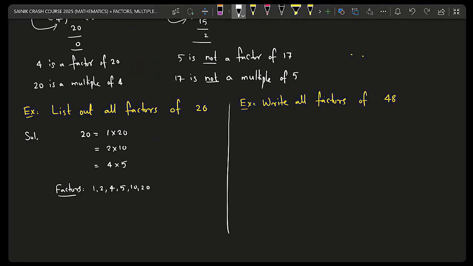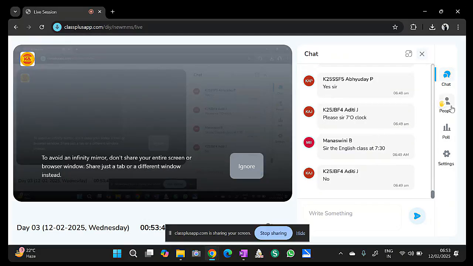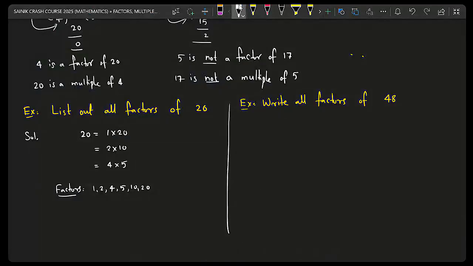Yes, Harshvardhan. You have any doubts? Sir, may I tell? Yes, Harshvardhan. Sir, it will come in two tables, from 1. Starting from 1. Is it divisible by 1? Yes.